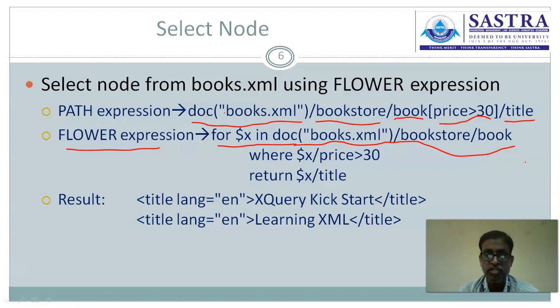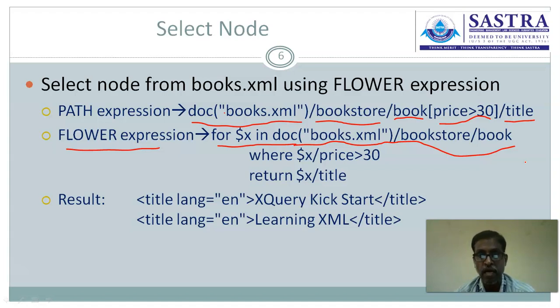That book information is stored in $x. It is an object. In other languages, you can say for i equal to 1 to 20, an index variable. Likewise, $x will act as an index variable. That x can hold book information.